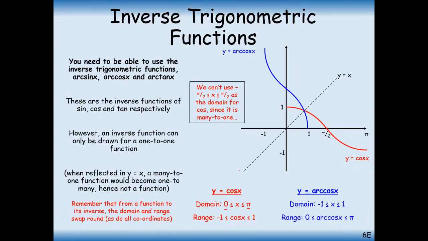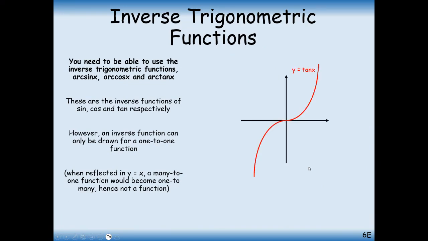Because here, as with the other example, the domain basically becomes the range, and the range of the original function becomes the domain of this inverse. So let's look at the next example.